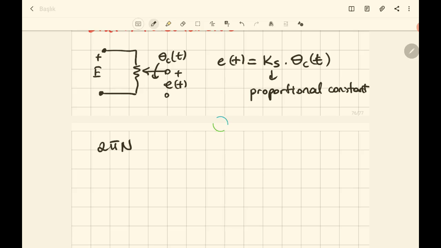So Ks can be expressed mathematically as E over 2 pi n. The unit will be volt over radian, because it is a turning operation, as you know, radian, and E is the input voltage, so it will be volt over radian.